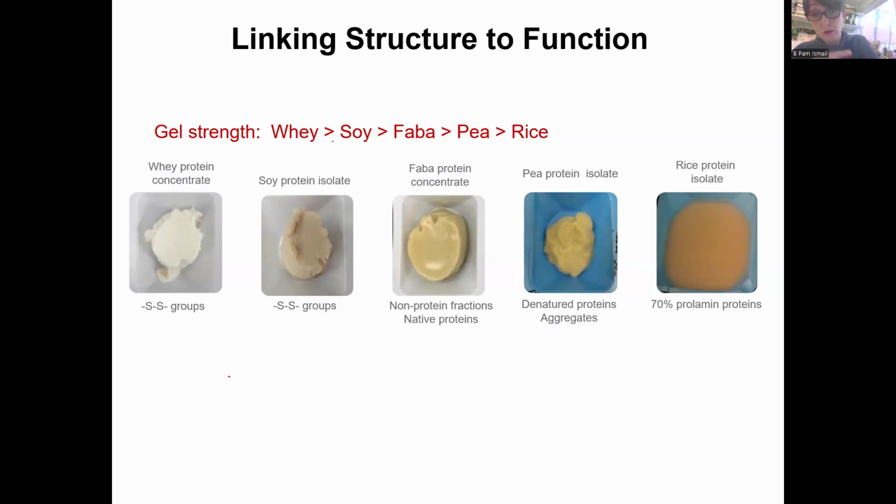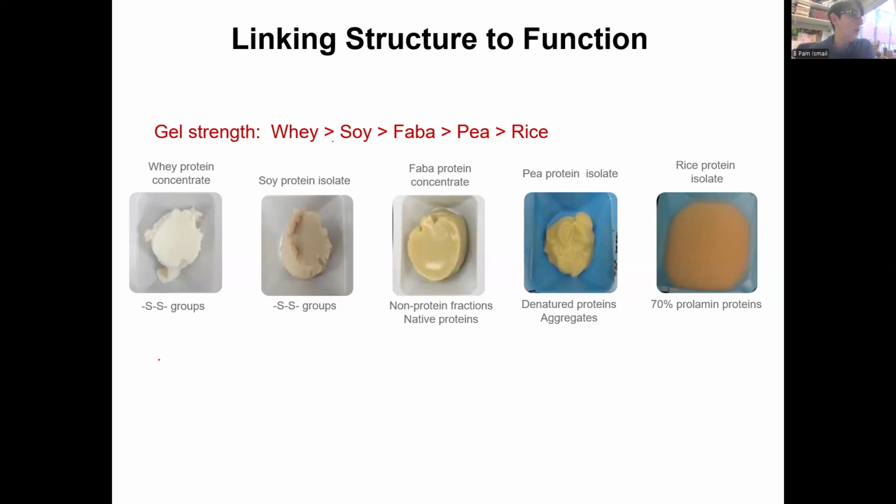It also denatures at lower temperature than soy. So this characteristic, although not higher molecular weight, is specific to the protein, and it's a very soluble protein as well. It gives a very good balance of protein-protein interaction and protein-water interaction, giving you a stronger gel.